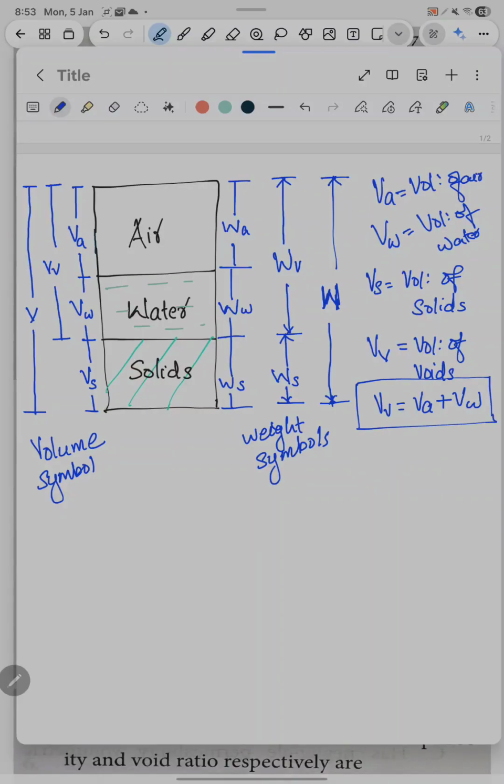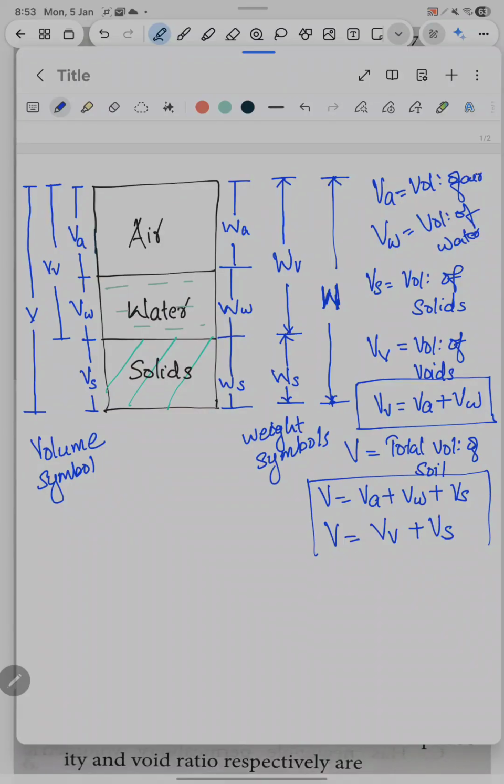Next term is capital V, the total volume of soil, and we can say total V is equal to VA plus VW plus VS, or we can say V is equal to VV plus VS, where VV is VA plus VW. These are the volume symbols and the relations we want to study with this symbol picture.